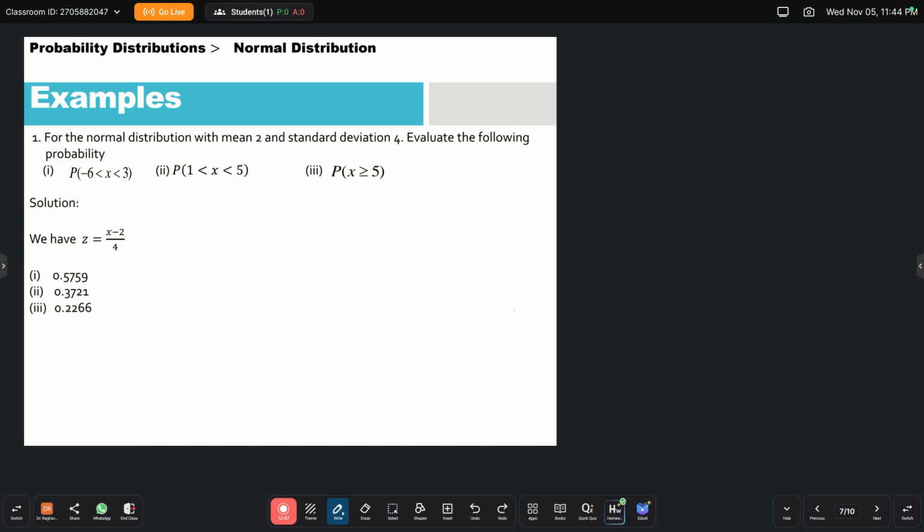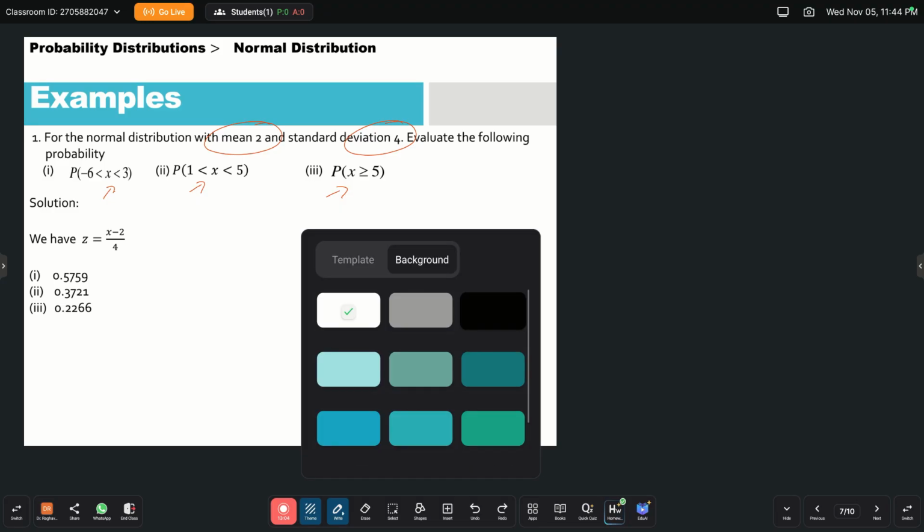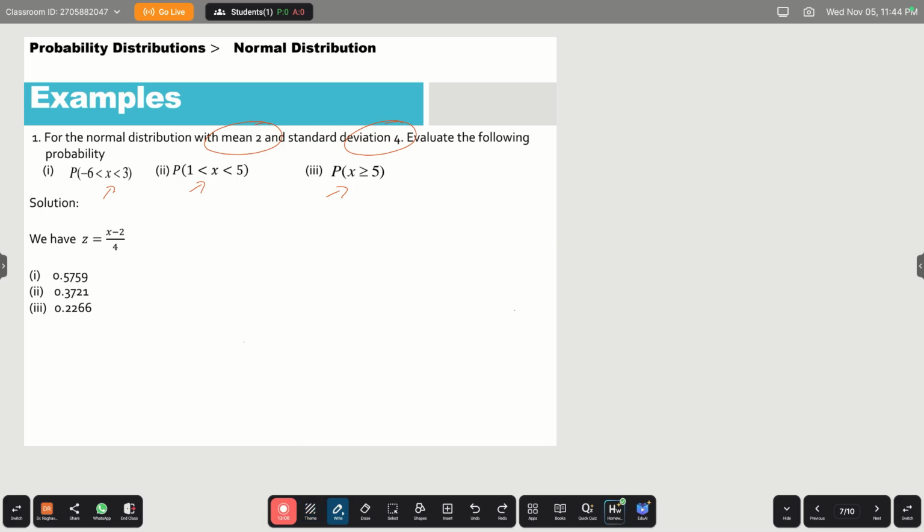For the normal distribution with mean 2 and standard deviation 4, we need to evaluate these three probabilities. I have taken three examples just for understanding, and later on you can take more examples and calculate the probabilities yourself.